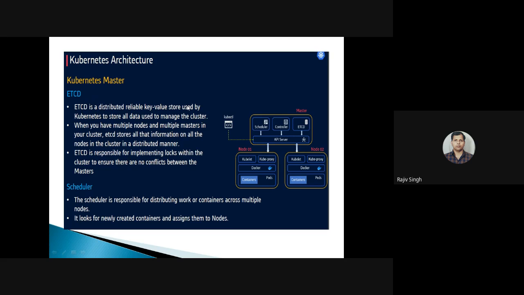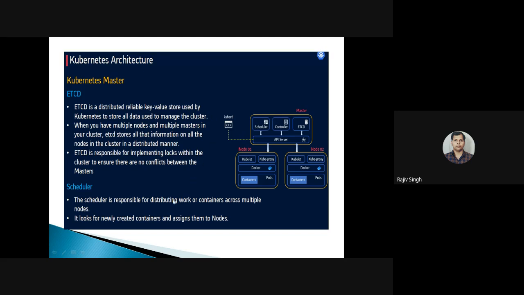All this information is kept by etcd in the form of a key-value store. It could be inside the master, or you can also configure it outside the master on a separate node. So this is etcd.